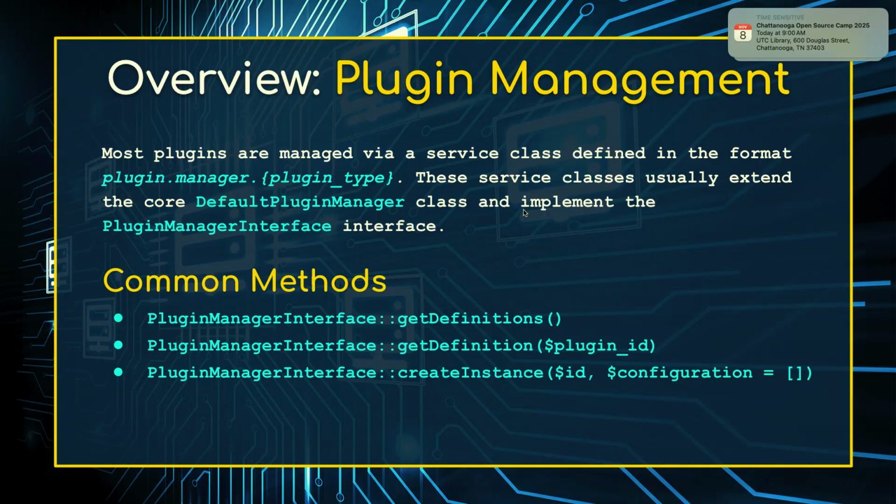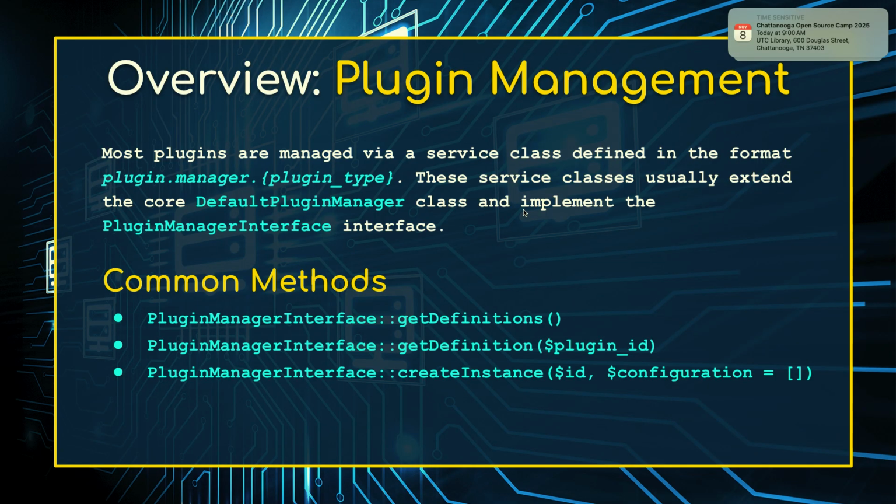So the first section that we're going to talk about is the plugin manager service and class. The common methods used are get definitions, which will get all of your plugin definitions, and then creating an instance of each one of those. And you provide your ID of the plugin and configuration for the plugin. Configuration is defined within each plugin class.